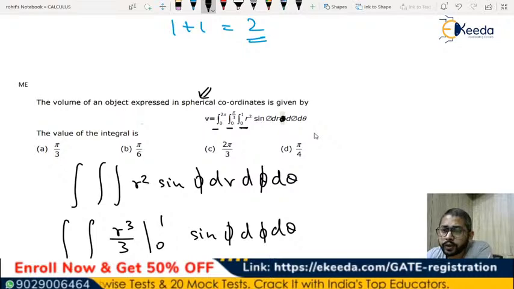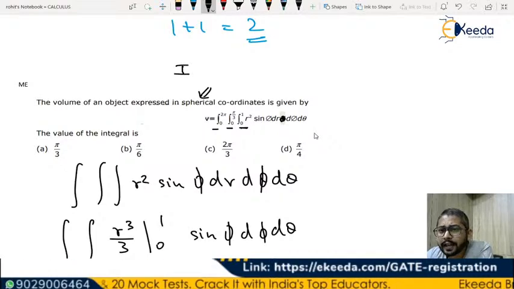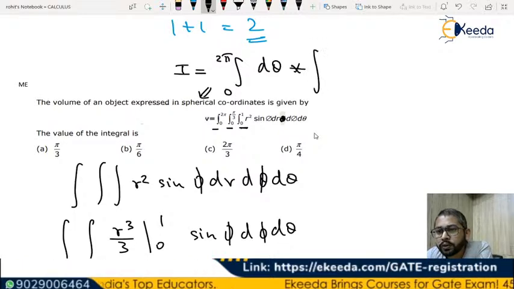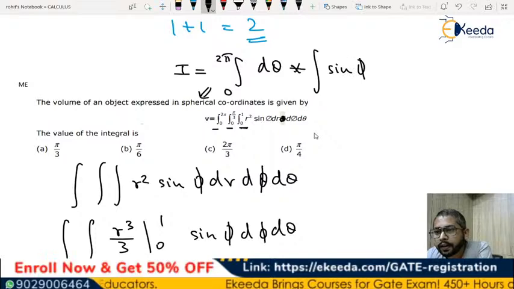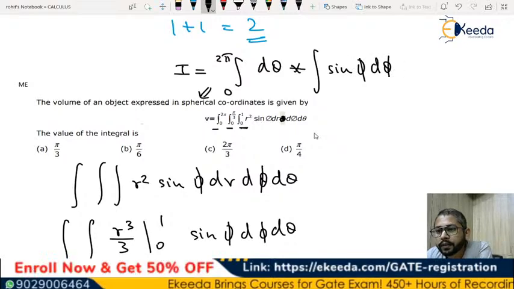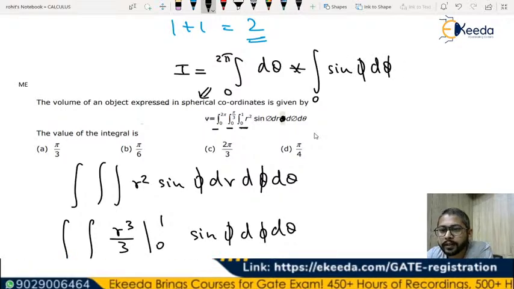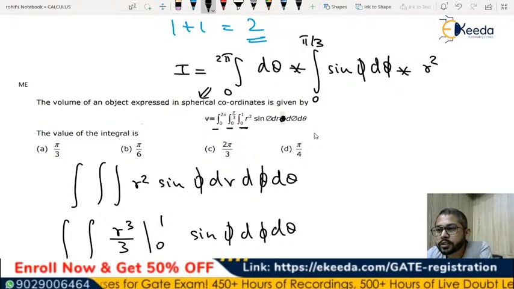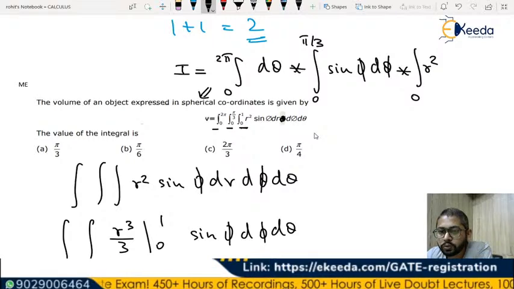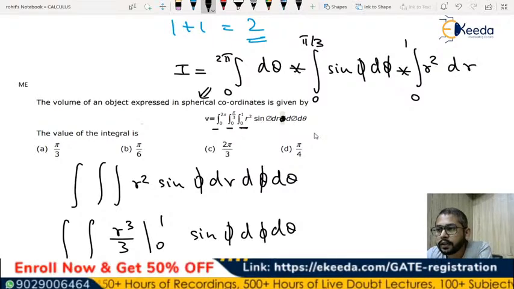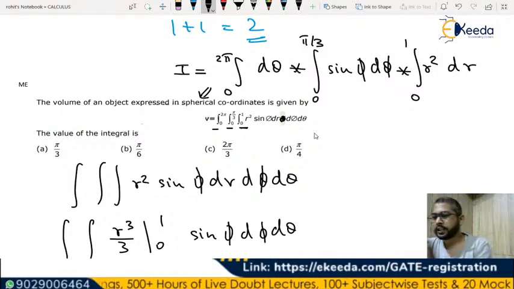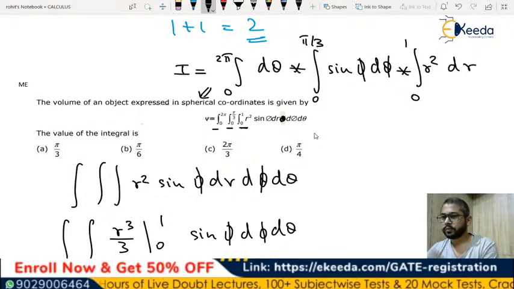So what you can do is you can find this integration as the integral of d theta from 0 to 2 pi into sine phi d phi from 0 to pi by 3 into r square from 0 to 1 dr. What I am trying to do is integrate all these three and then put the values.